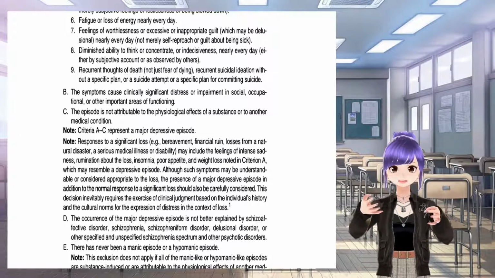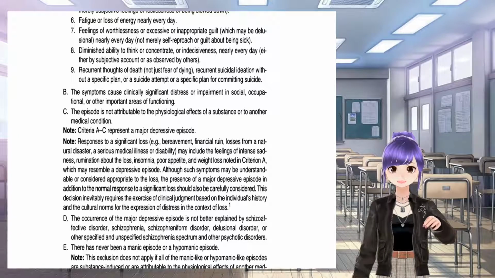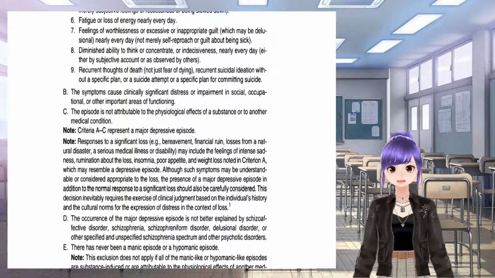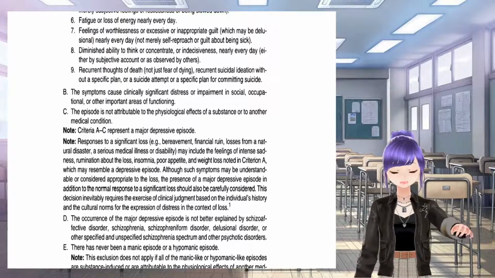Of course, letters B and C are the clauses: the dysfunction clause and the medical condition clause. There's a note. In 2013, the DSM-5 removed the bereavement clause from the diagnostic criteria of MDD. This means that those who were previously exempt from the diagnosis of MDD due to bereavement, mourning the loss of a loved one, are now candidates for MDD diagnosis.